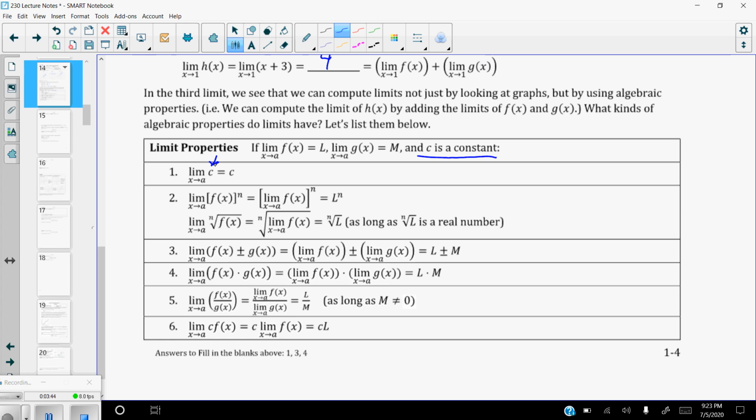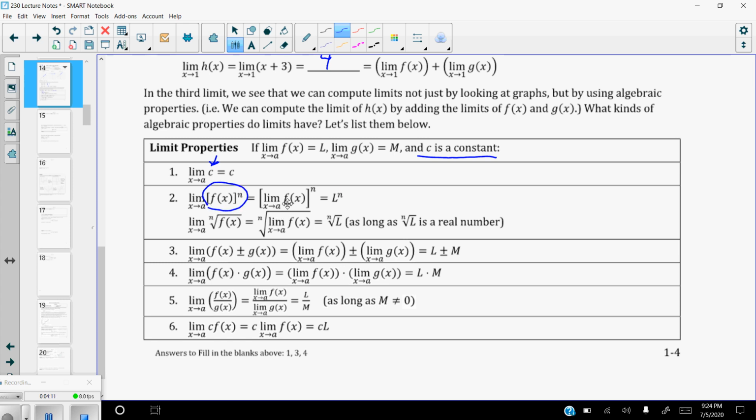Okay, the next ones aren't quite as intuitive as that one. The second one says the limit as x approaches a of f of x, notice the f of x is all in a big bracket there, to the n power, is the same thing as taking the entire limit in the bracket of f of x approaching a and then raising it to the n power. So what you should be able to see here is that here the function is being raised to the n.